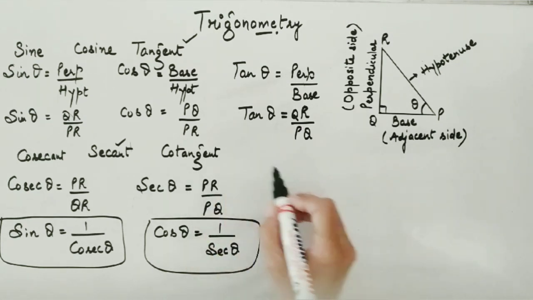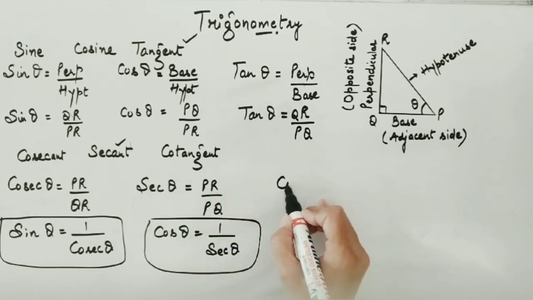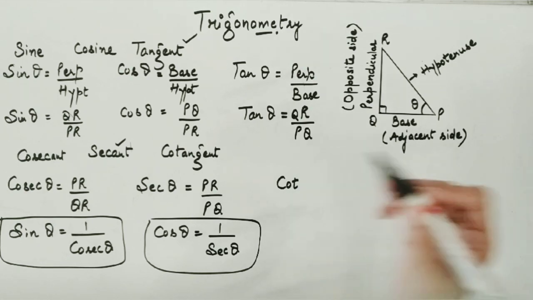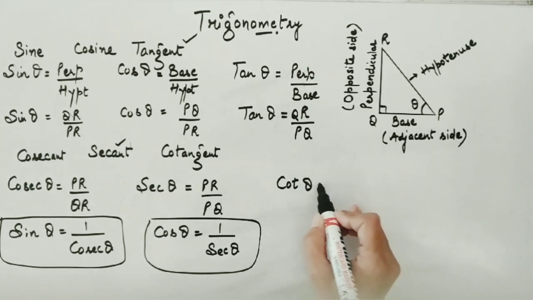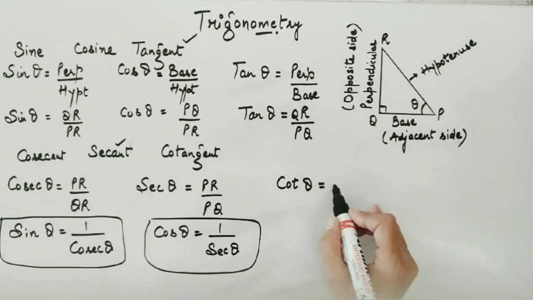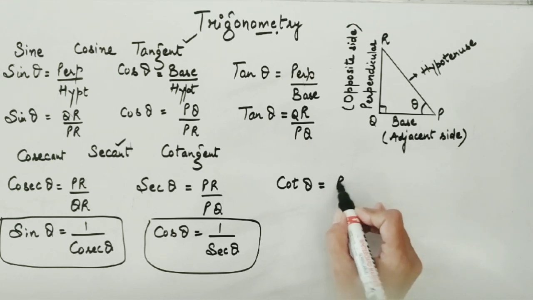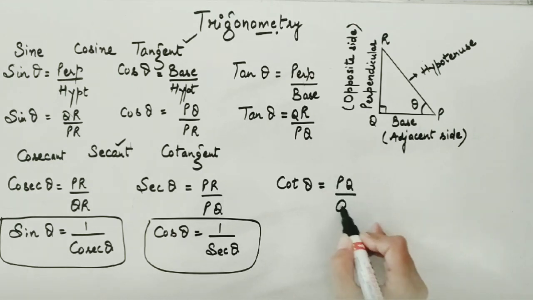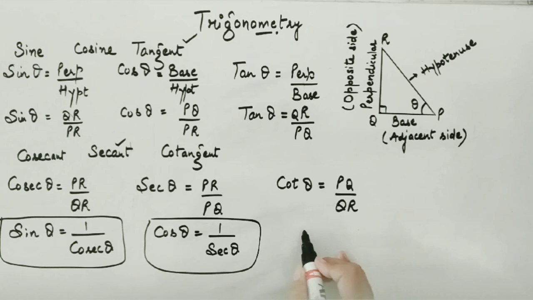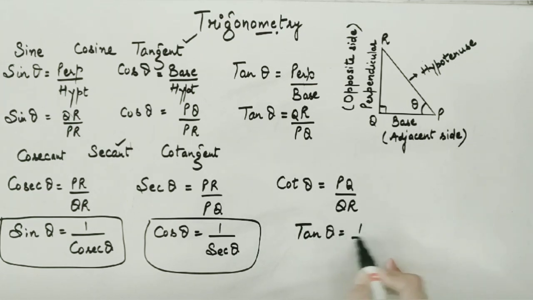For cotangent, the short form we would be using is cot theta, we would not write cotangent all the time. Cot is the reciprocal of tan. So it becomes PQ by QR. The reason? Because tan and cot are reciprocals. Tan theta is 1 by cot theta.